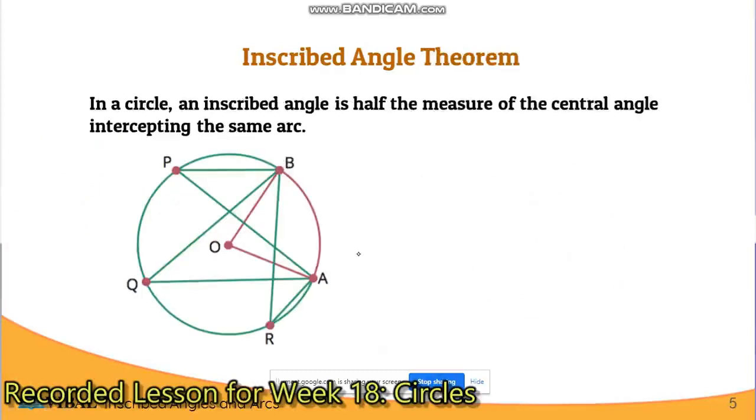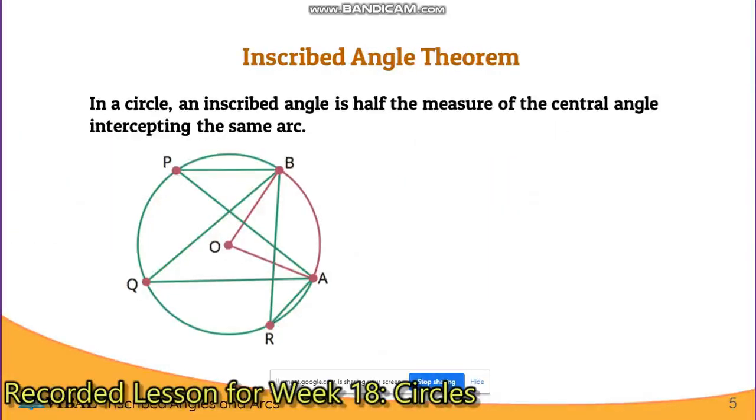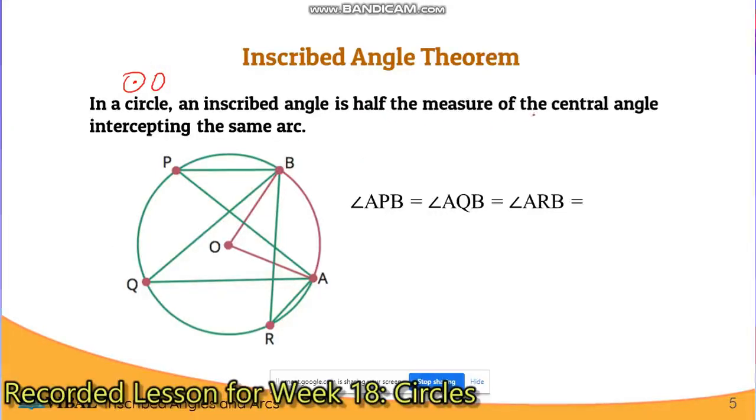So, let's have the theorems involving inscribed angle. That's just a review. Alam na natin yung relationship. Now, let's move on to the inscribed angle theorem. In a circle O, an inscribed angle is half the measure of the central angle intercepting the same arc.